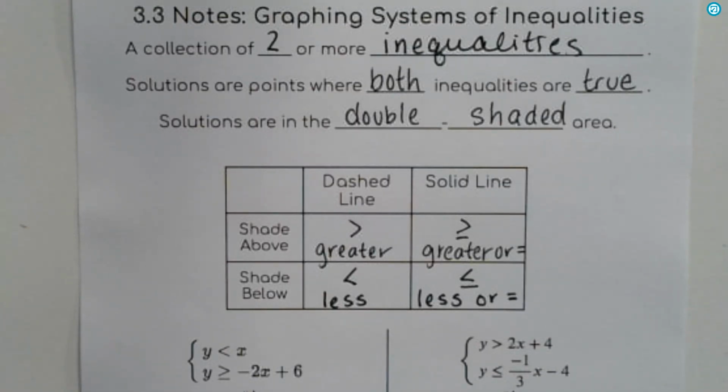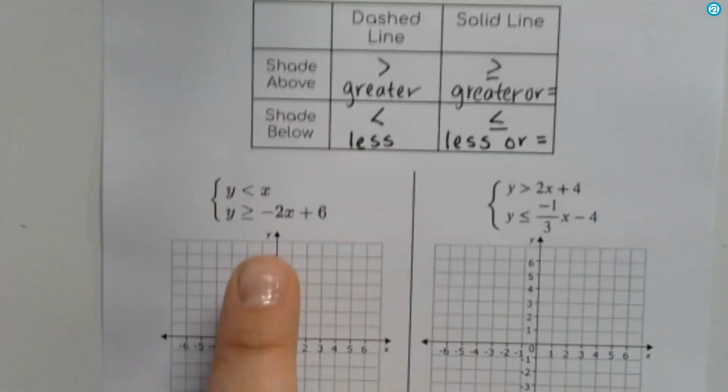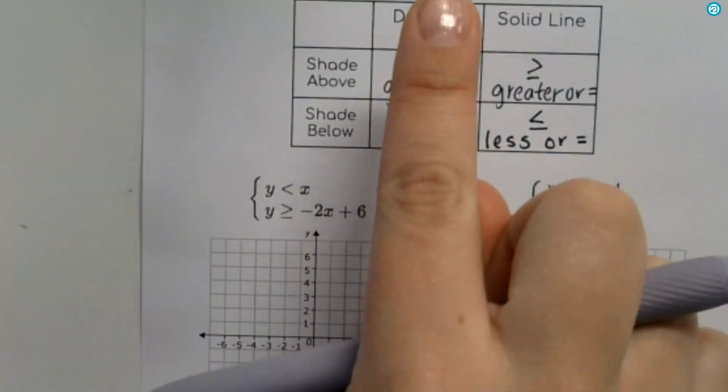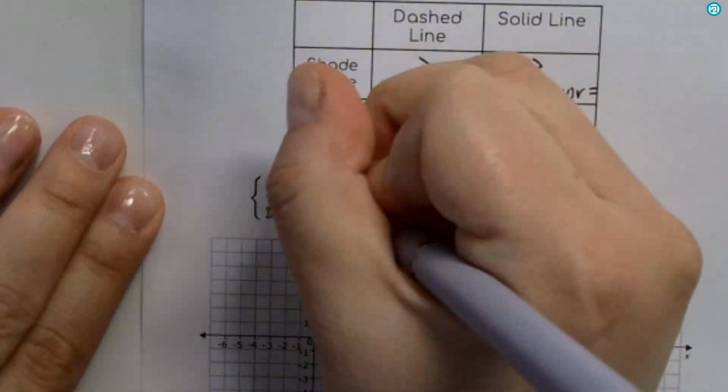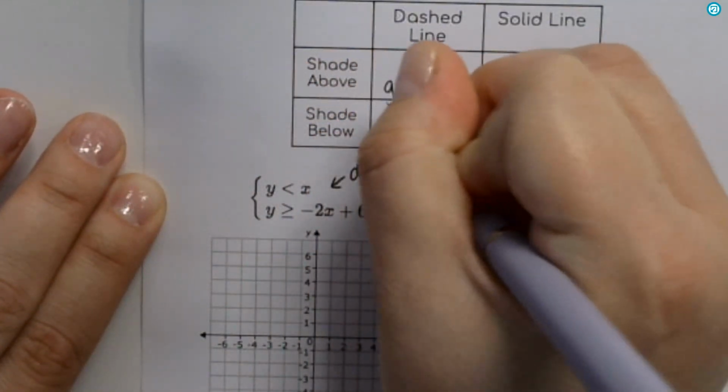Okay, any questions about those? Okay, on your assignment, I put blanks for you to put down the line type and the shading, so you can say solid above, dash below. I did not put that on the notes here, but we can just write it in next to them. So for this first one I've got here for y is less than x, I need to do a dash line and shade below. So you want to write a note to yourself that says dash below, you can.